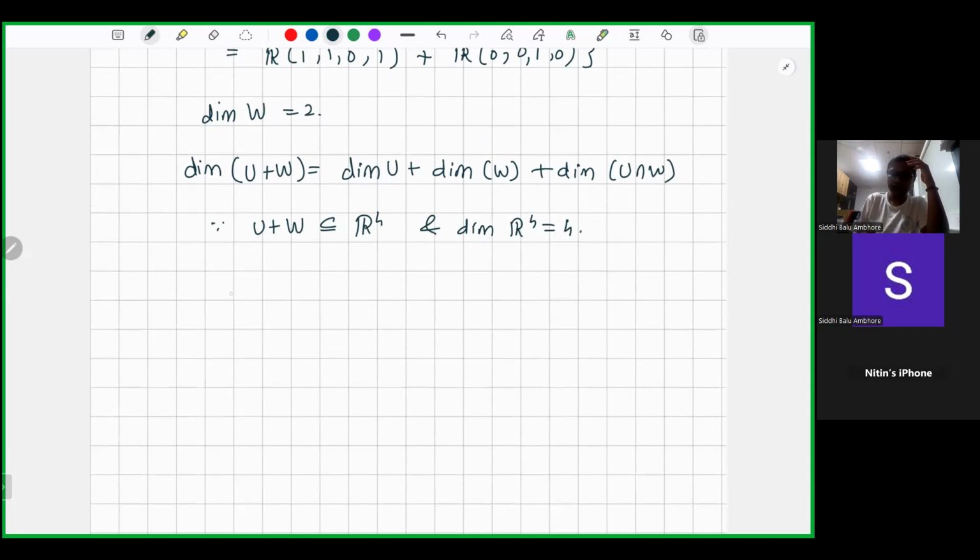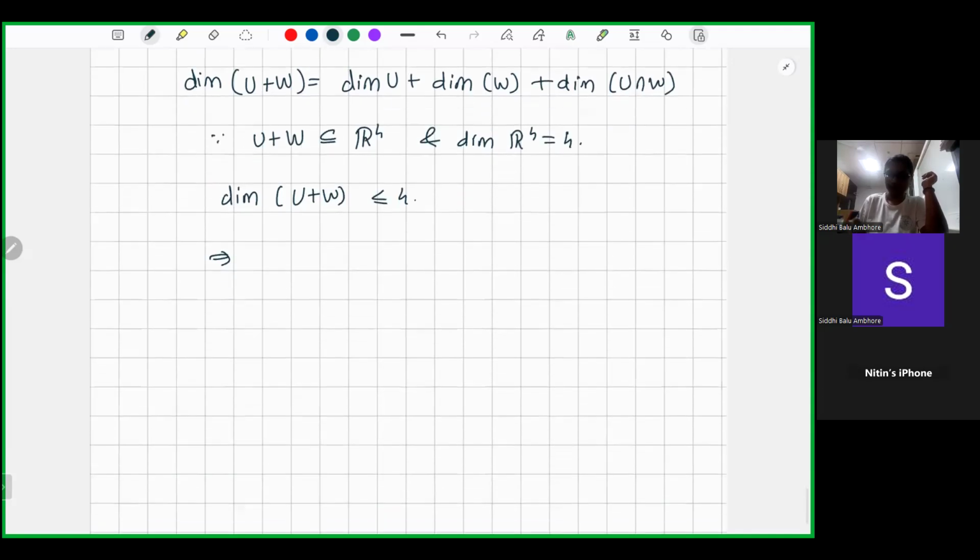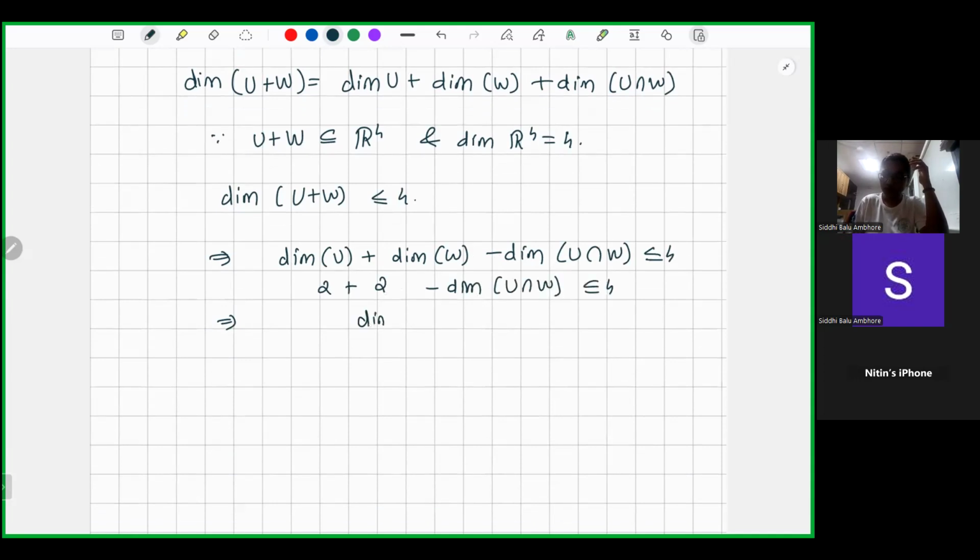This implies that the dimension of U plus the dimension of W minus the dimension of U intersection W is less than or equal to 4. So that is 2 plus 2 minus the dimension of U intersection W less than or equal to 4, so the dimension of U intersection W is greater than or equal to 0 is what we are getting so far.